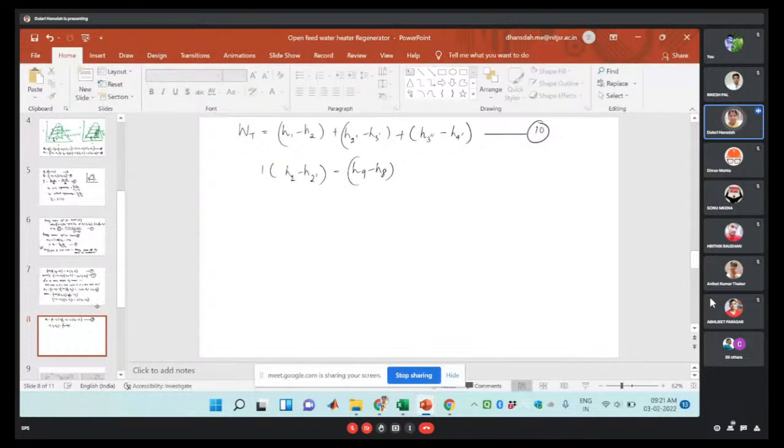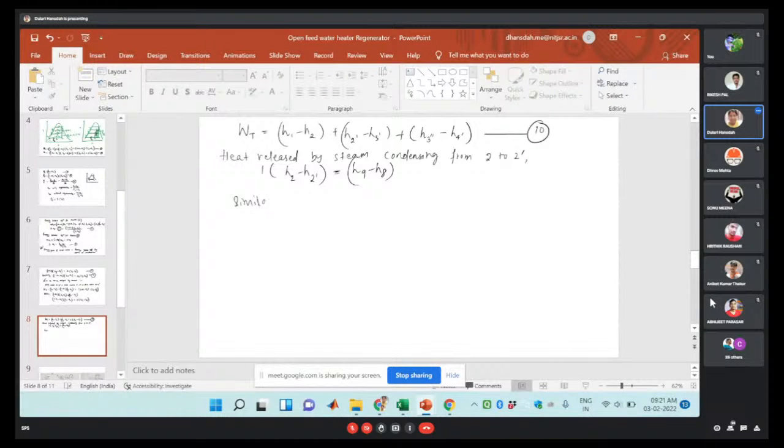So for 1 kg of fluid, this is the heat released by steam condensing from 2 to 2 dash, which is utilized to heat the feed water from the point 8 to 9. So that is the equation.